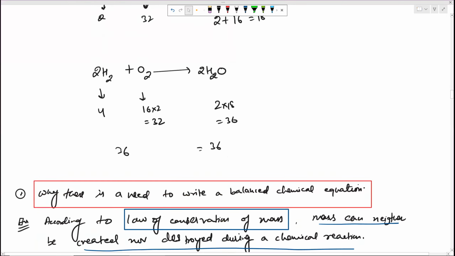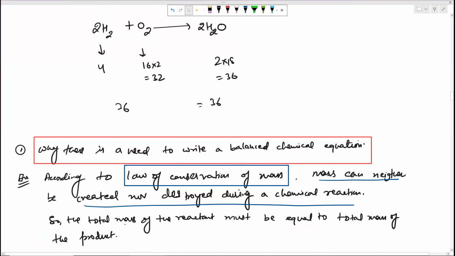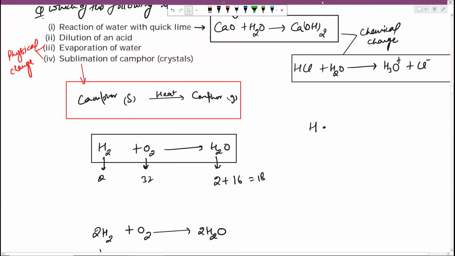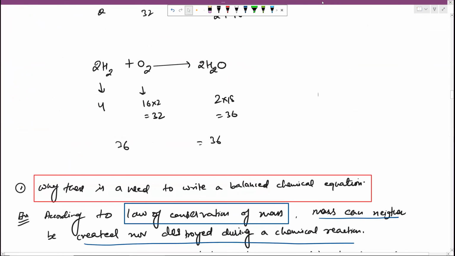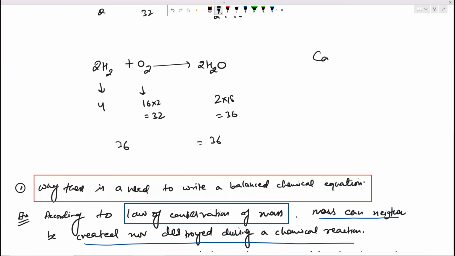So you must know how to write the chemical formula of a compound. For example, you need to write the chemical formula of calcium carbonate. So you know the valency of calcium is 2. You have to memorize it from the chart that is given in your atoms and molecules chapter. Okay, let me paste it here.